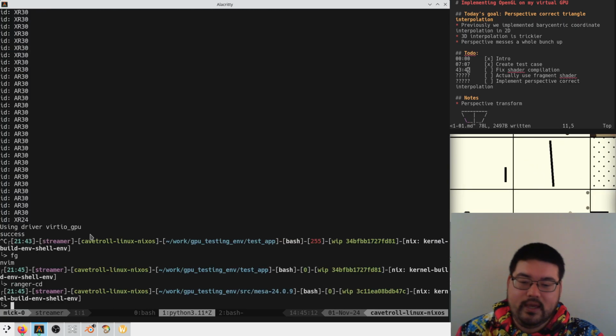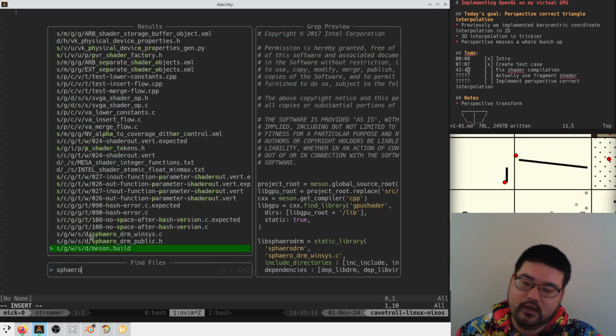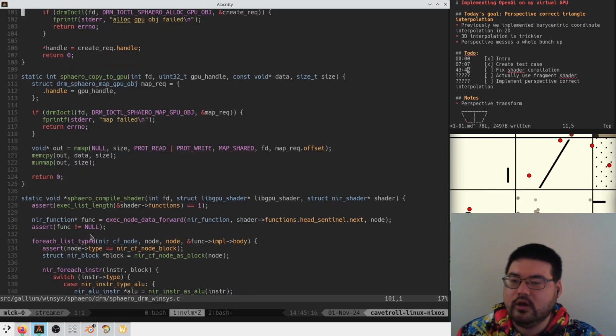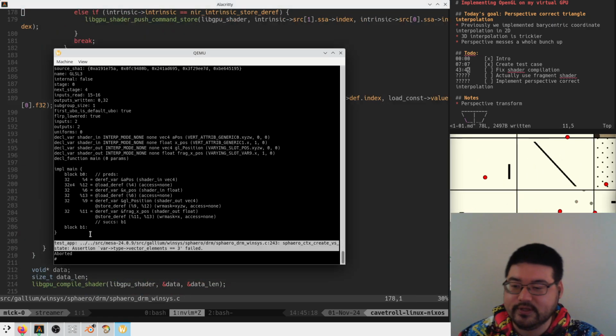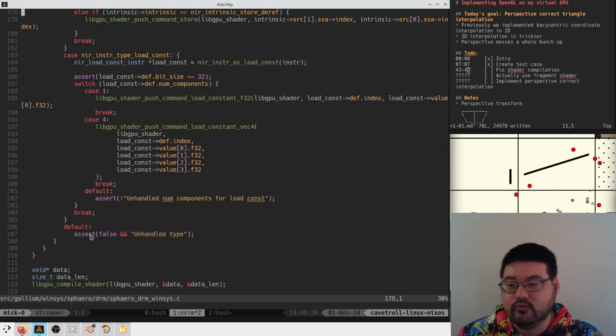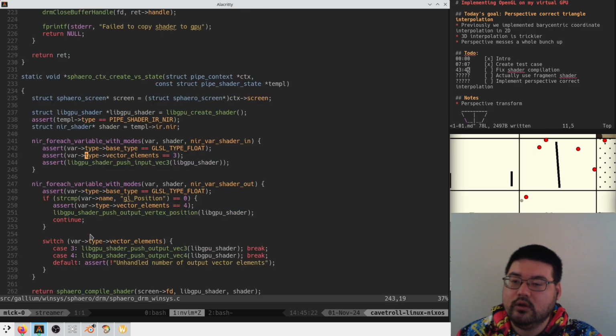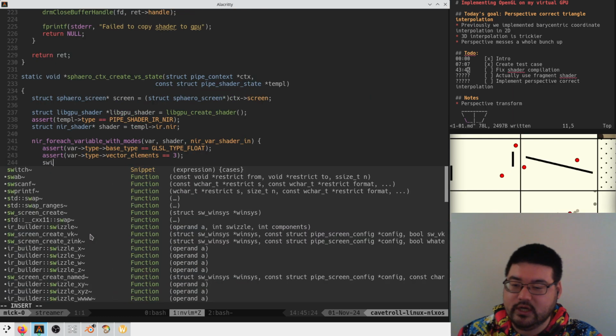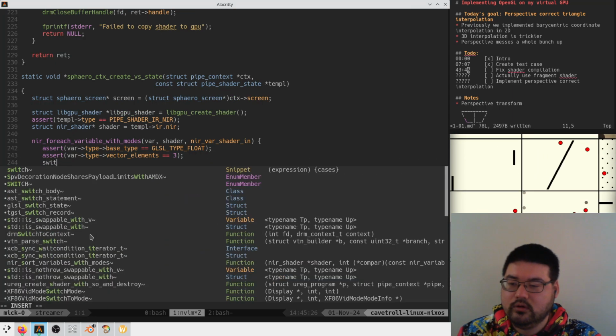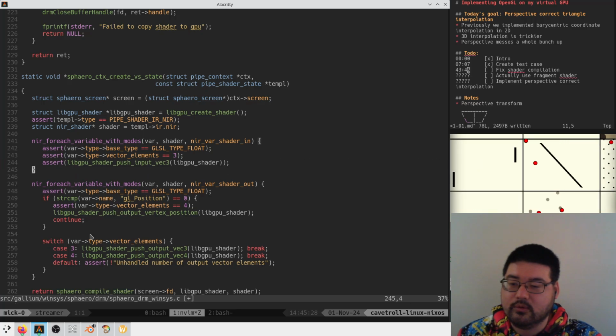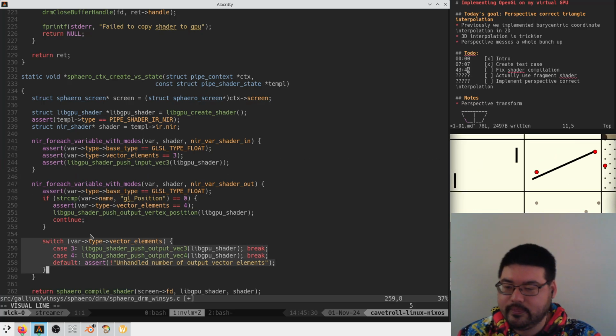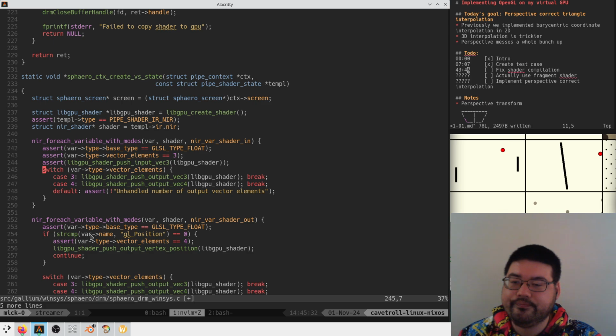Easy to fix for sure. So we'll go into Mesa. And I guess when we see, what line is that at? That's at line 243. We can just switch here on the number of vector elements, which we do here for sure.